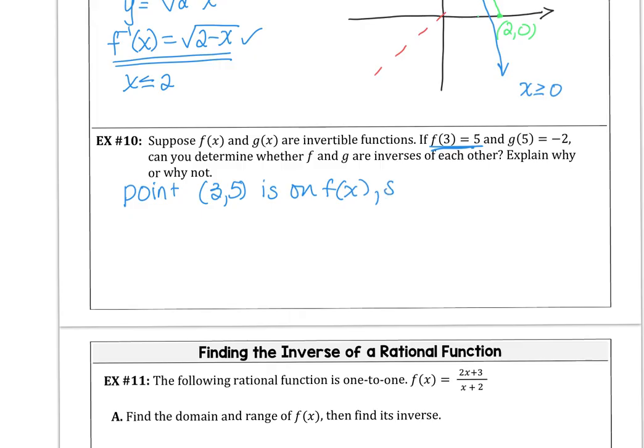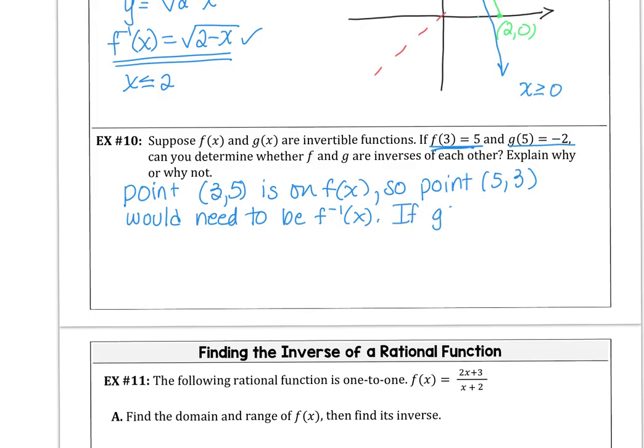That means the point (5, 3) would need to be on that inverse function, f inverse. But look what they've told us. The g of 5 is negative 2.